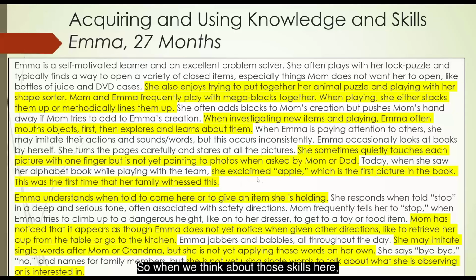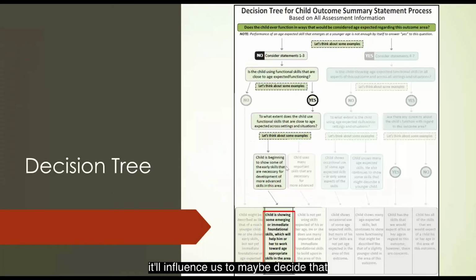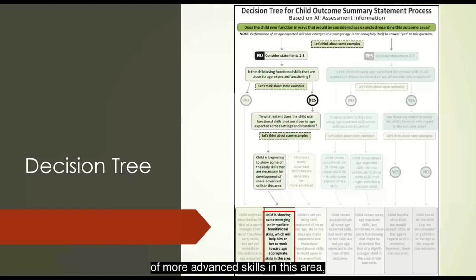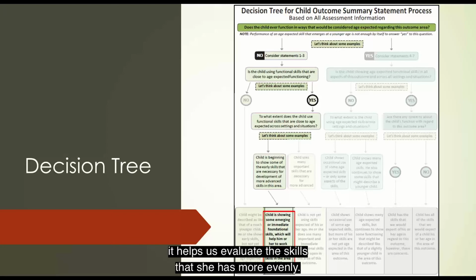So when we think about those skills here, it'll influence us to maybe side that she's beginning to show some of the early skills that are necessary for development of more advanced skills in this area, which takes us down to this rating here. So when we follow this decision tree process, it helps us evaluate the skills that she has more evenly.